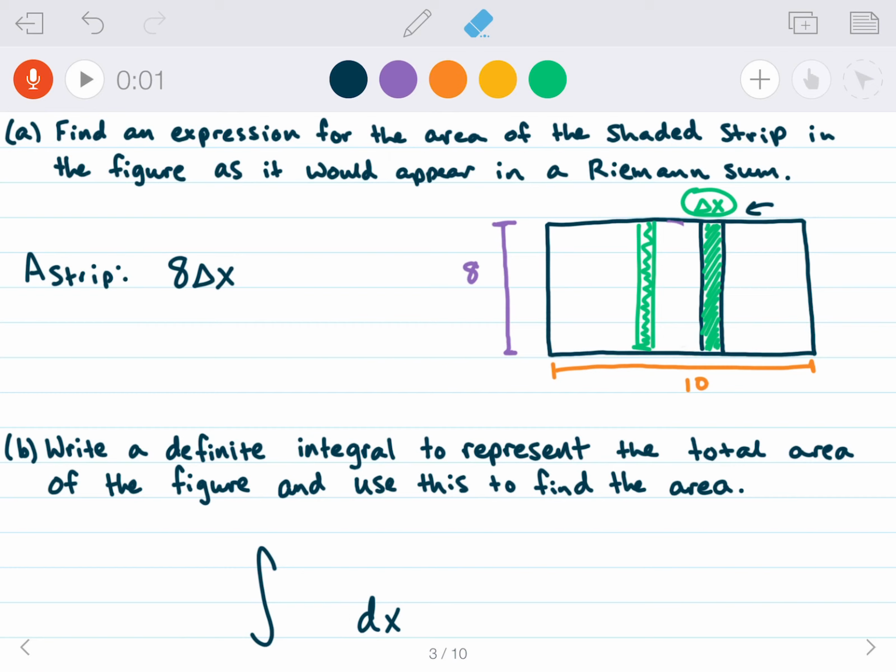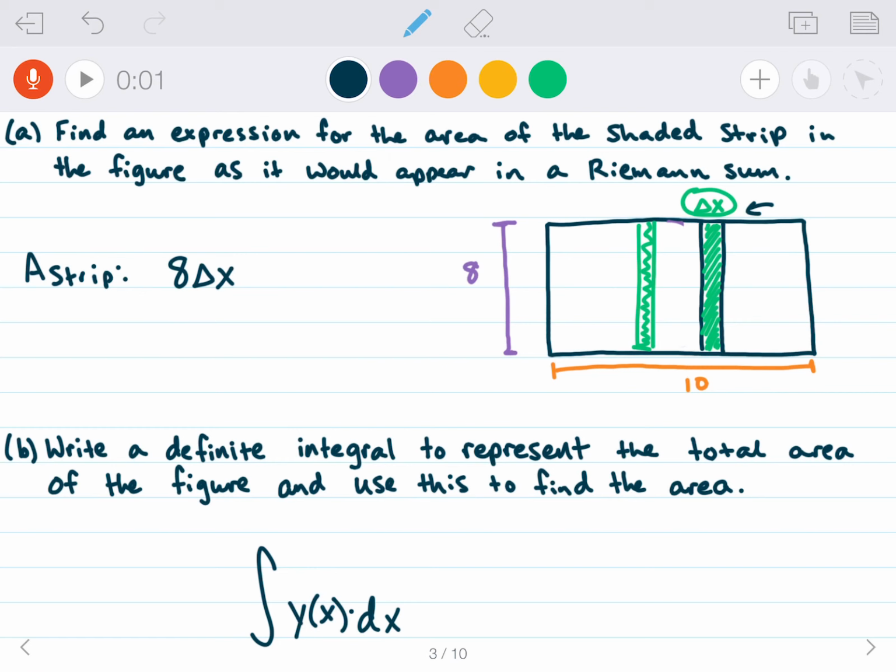Actually, let's just write it like this. How about we just say y of x, right? So the height is y as a function of x, but the whole thing here is that the height is not changing as we move along the x-axis.